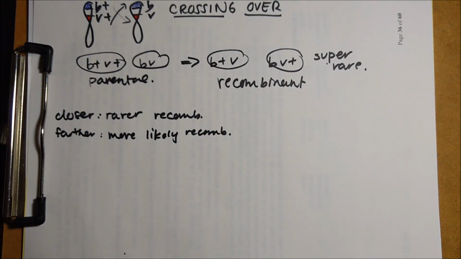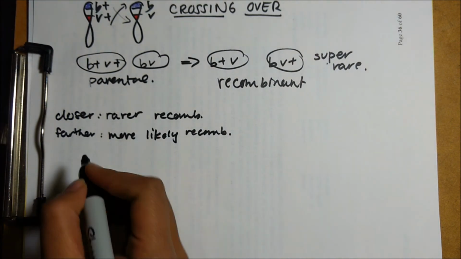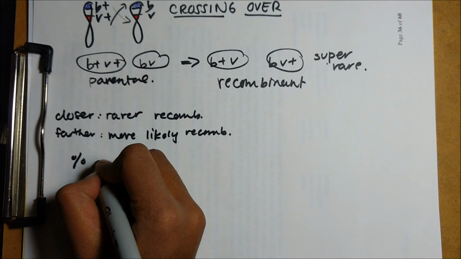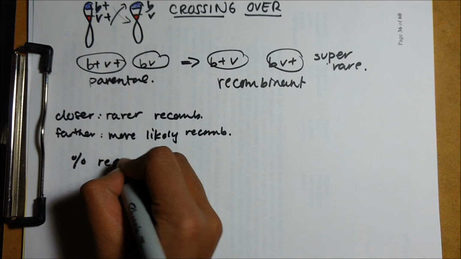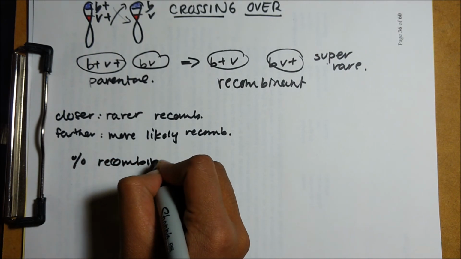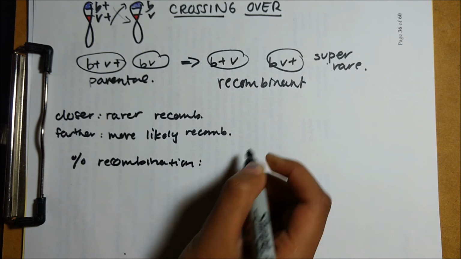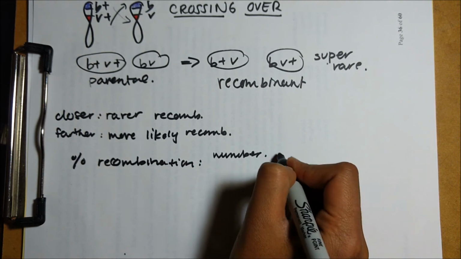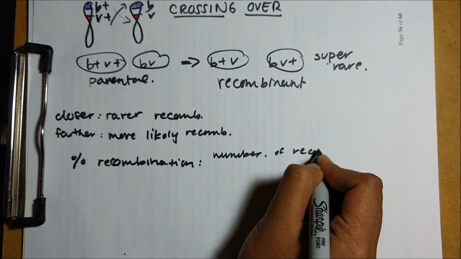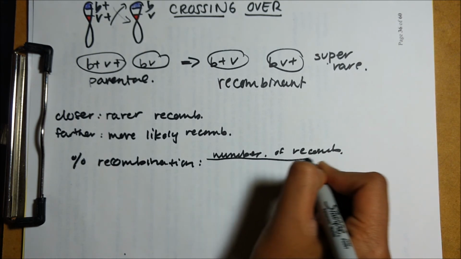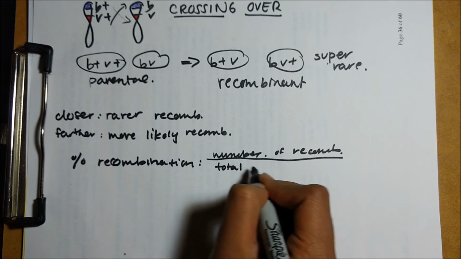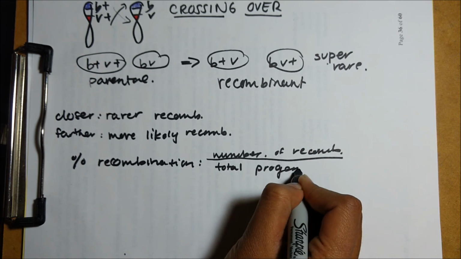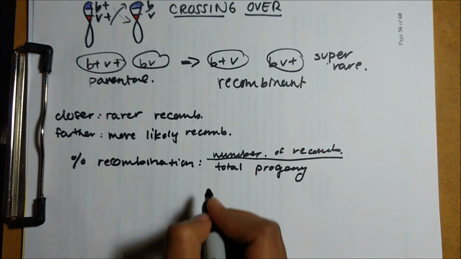Now to find the exact distance between two genes, we can use percentage or the frequency of recombination. And this is calculated by writing the number of recombinants in your data over the total number of progeny, or like offspring.